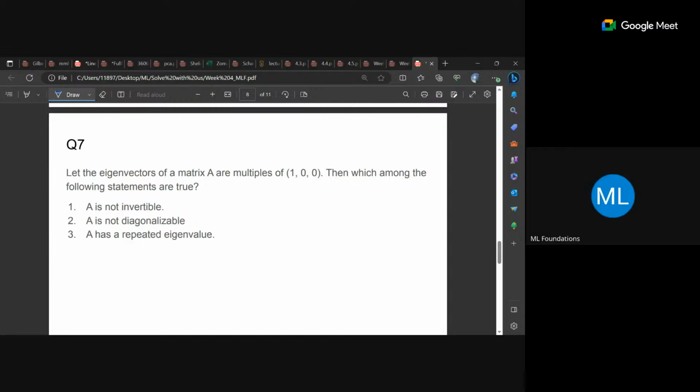Right? Okay. So if you just have the eigenvectors as multiples of 100, will it have a repeated eigenvalue?